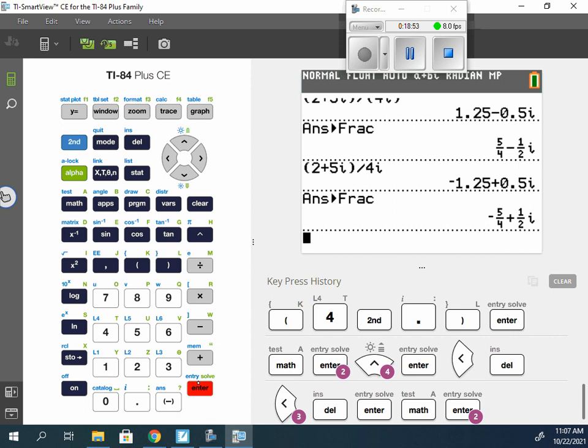Yes? No? What changed? And the 1/2 is now positive. Because what it did is it took it and divided by 4 and then multiplied through by I. So it gives us a different answer. So we do need the parentheses around the denominator, even if it is a single term.